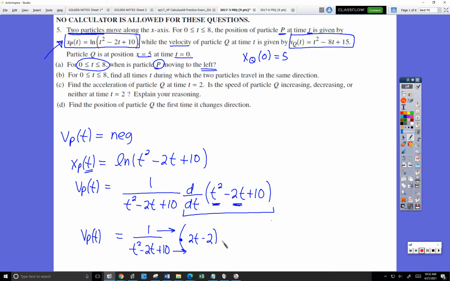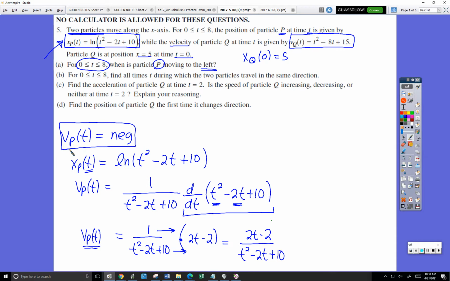So you could say this is really the same as 2t subtract 2 over t squared minus 2t plus 10. So that's my v of p. I've got to figure out when v of p is negative.